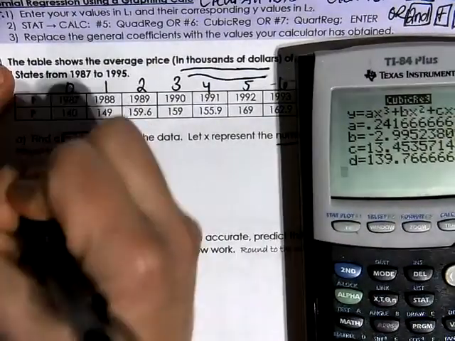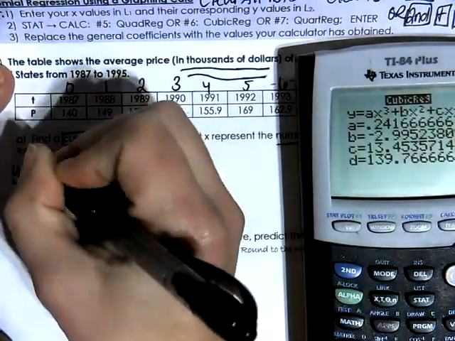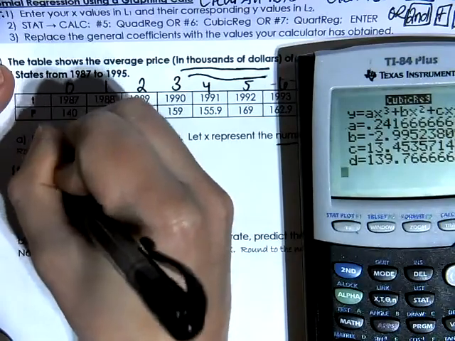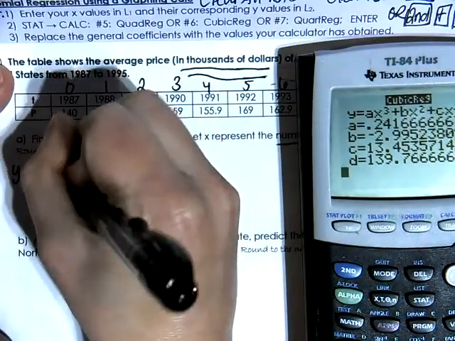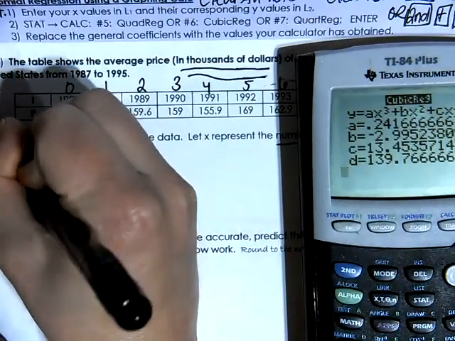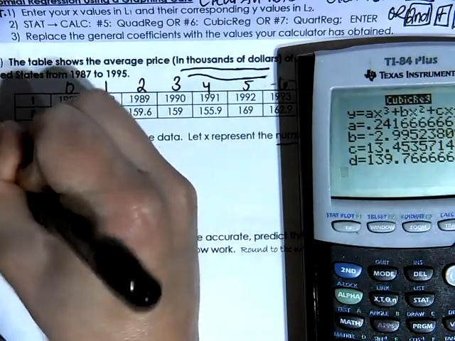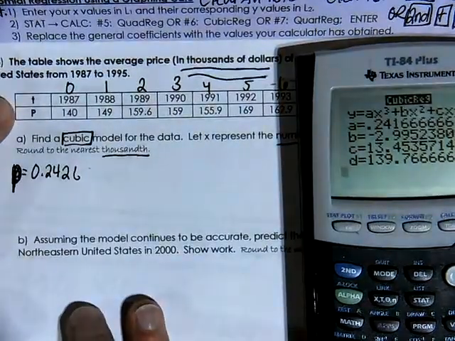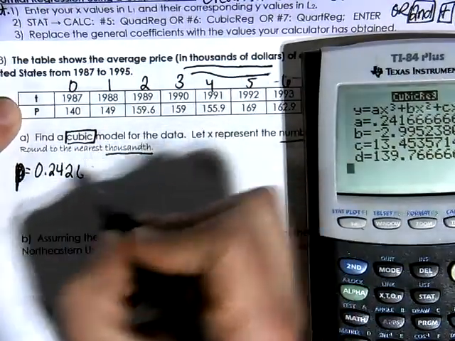So I have Y equals 0.242 T, I don't know why I said Y. This is actually P because I wanted my variables to be accurate. So this is P. Sorry about that, guys.